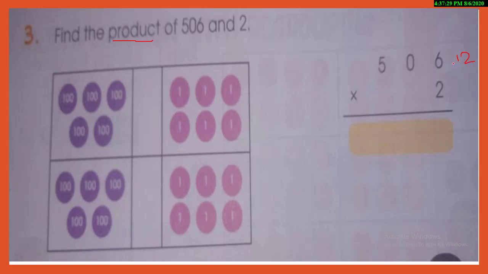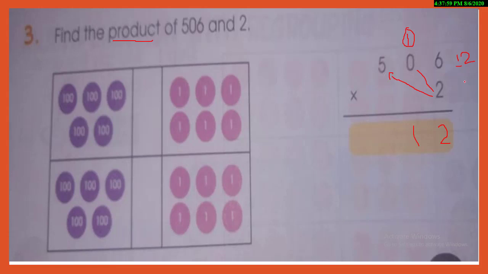So I will write down 2 over here and 1 will be carried. I will give this number to the next digit. Now again multiplication, 2 zeros are 0. Our answer is 0, and when we add 0 plus 1, the answer is 1. And now you are going to multiply 2 with 5.